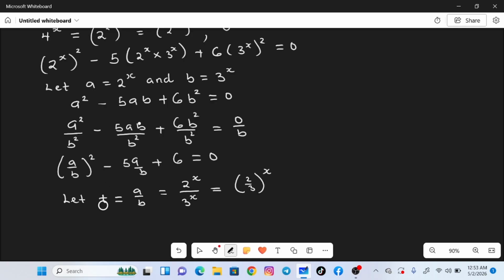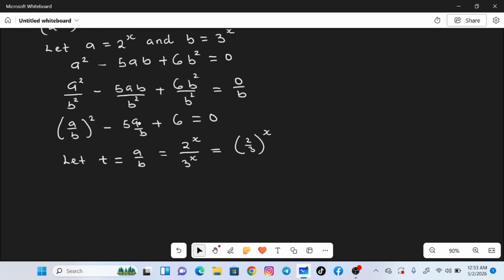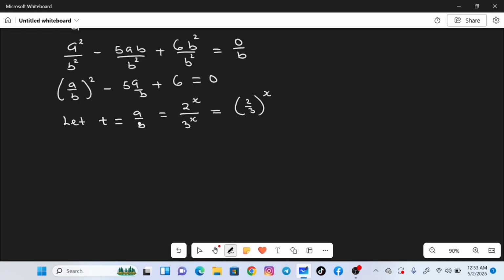So let us substitute t into this equation. We are going to have t squared minus 5t plus 6 equal to 0.